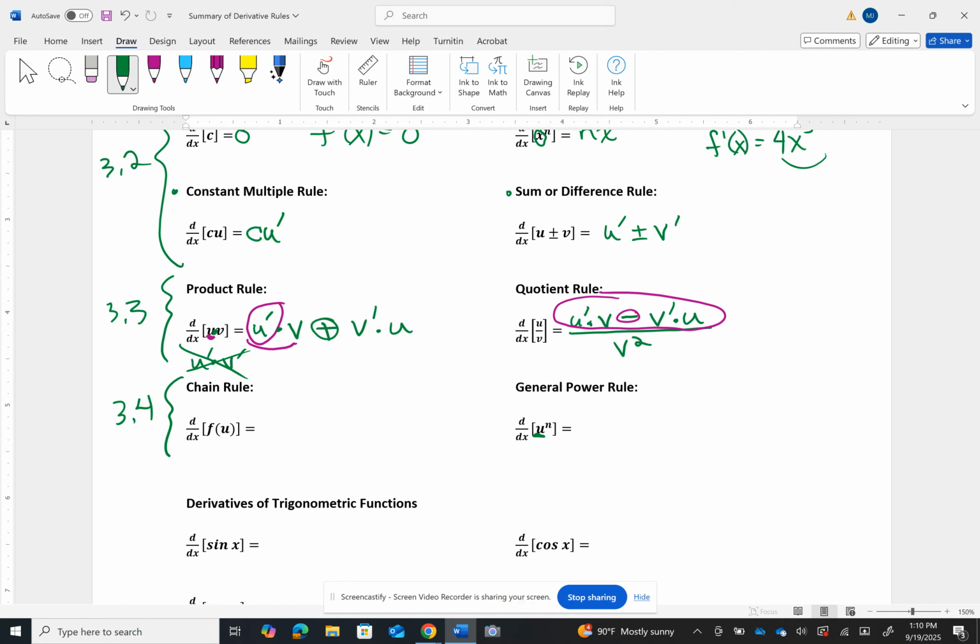So the chain rule, and I guess the general power rule, I think, is also in 3.4. All right, so what you're going to do is take the derivative of the outside function, but because this was a u, we also have to do the derivative of it with respect to x. So you do the derivative of the outside function, which is the f, and then you take the derivative of your inside function. Okay?